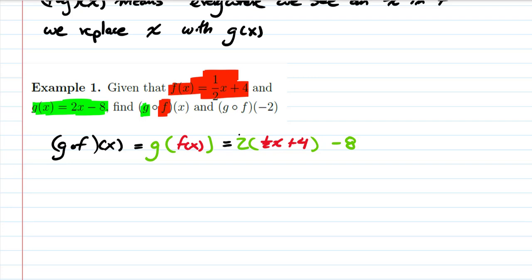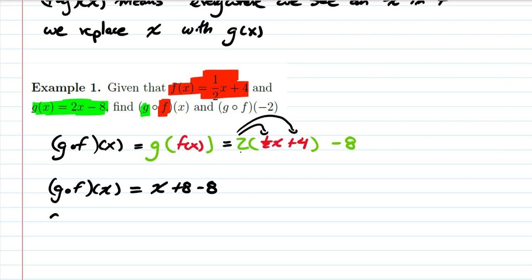And we need to simplify by distributing into our parentheses. So we have g circle f of x, and 2 times 1/2 is 1, so they're going to reduce out. That gives us x. 2 times 4 is 8, minus 8. So then finally, the plus 8 and the minus 8 reduce out, add to 0, and we end up with x.